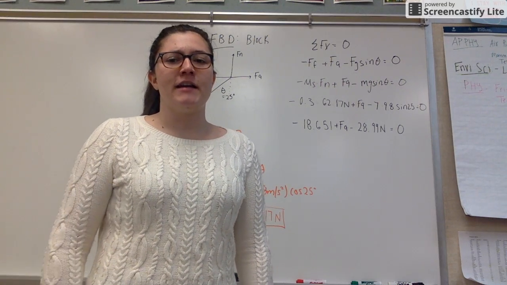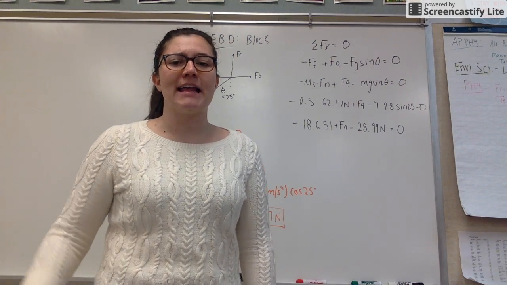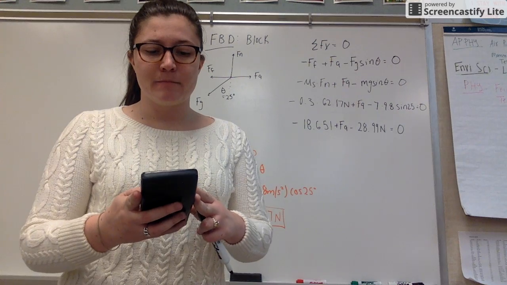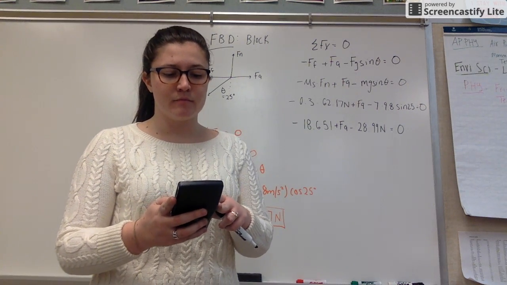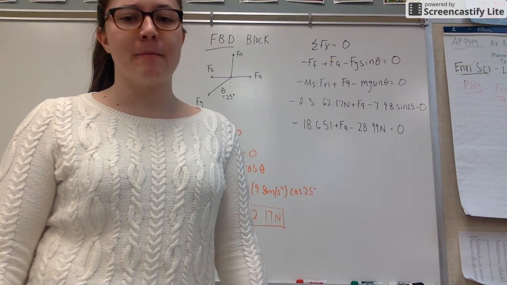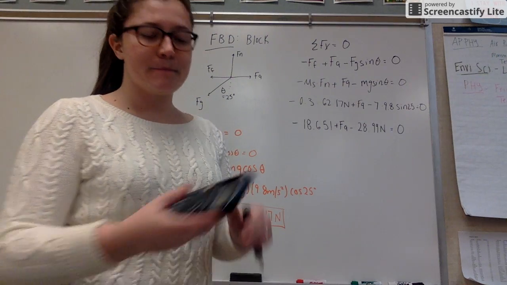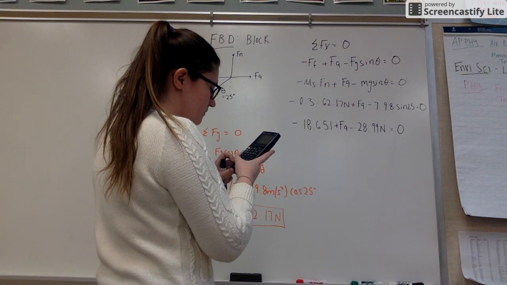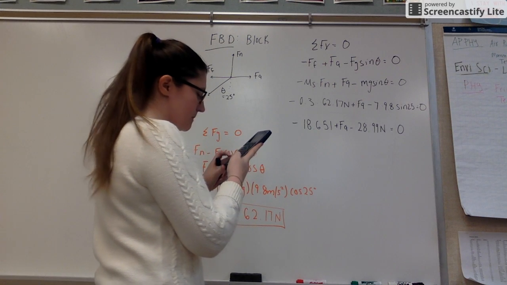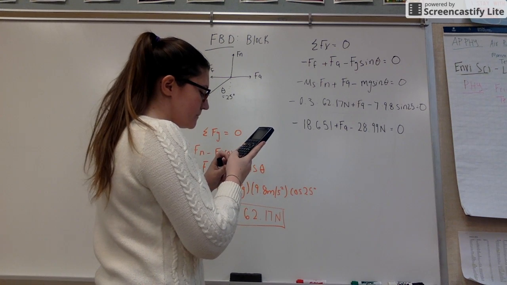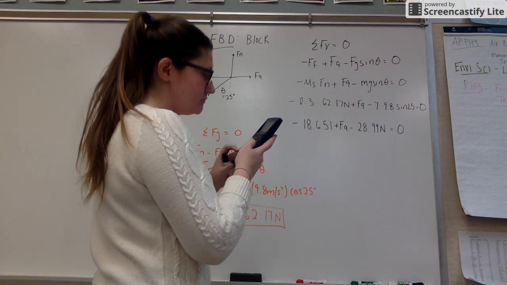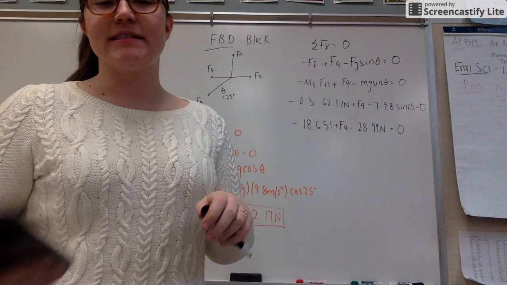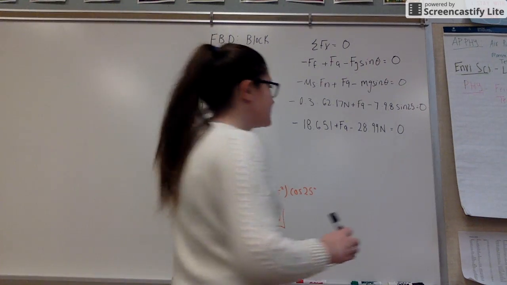We're going to add 28.99 to the other side and add 18.65 to the other side as well to solve for F of A. So for F of A, we're going to get 47.6 newtons.